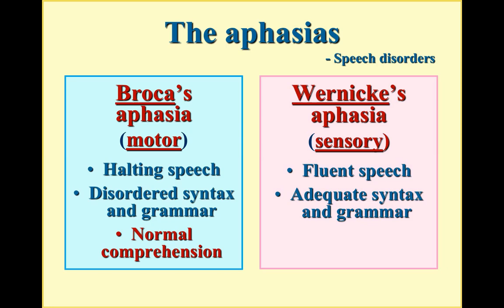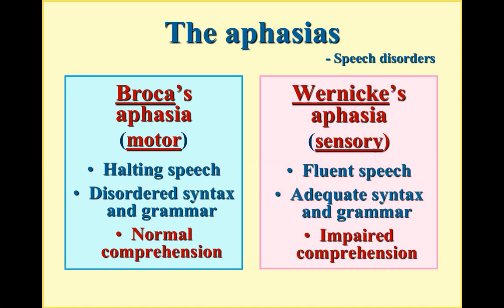So when they say something, they say it fluently and generally without mistakes in the grammar. But the sentence as a whole, adequately constructed, has no normal meaning. It's entirely something like nonsense. Impaired comprehension: if they hear some words, they cannot normally understand them.